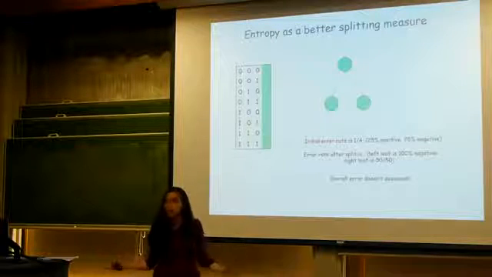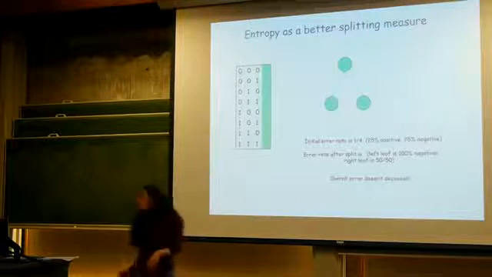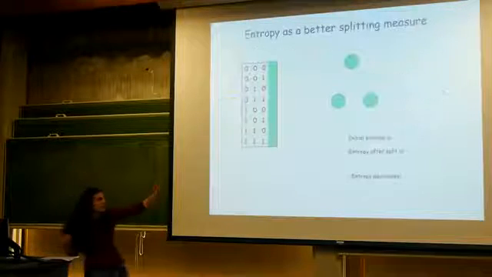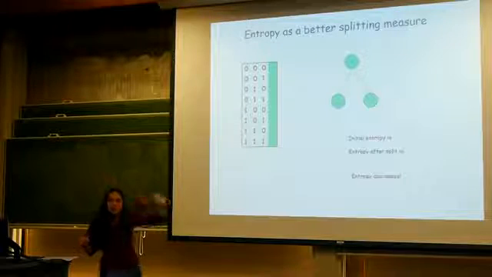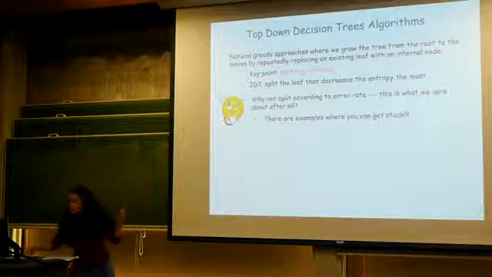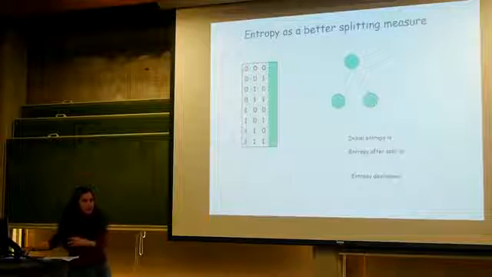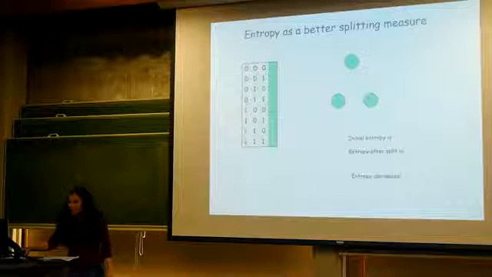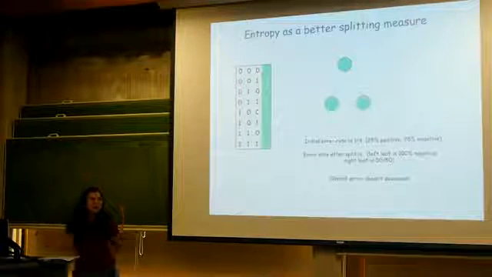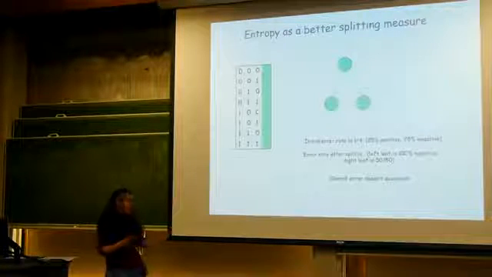There is no way to make progress according to the error rate locally. But it turns out that for such examples, the entropy always decreases. So there are examples where, if we are trying to reduce the error rate, we cannot make any progress, we are stuck in local minima.